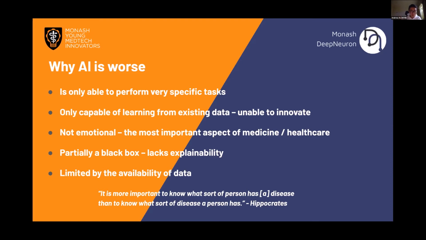Think about, I think a year ago, Amazon implemented an AI recruiting tool, which ended up favoring men for technical jobs a lot more than women because the data contained a lot more resumes of men compared to women. That's a big problem, and that's extremely discriminatory, and that's something we definitely want to avoid.